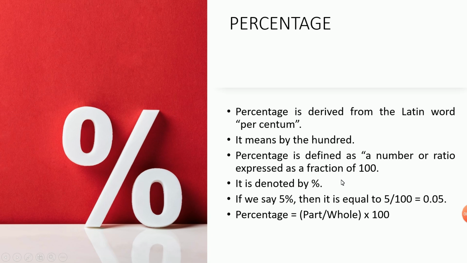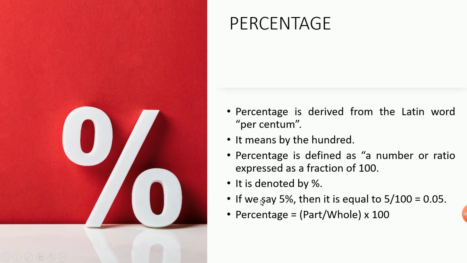You do remember fractions, no? Where we have seen improper fractions, mixed fractions, all those things. Here percentage is also a fraction, but it is solely expressed as a fraction of 100. It is always denoted by this symbol, as in the image.